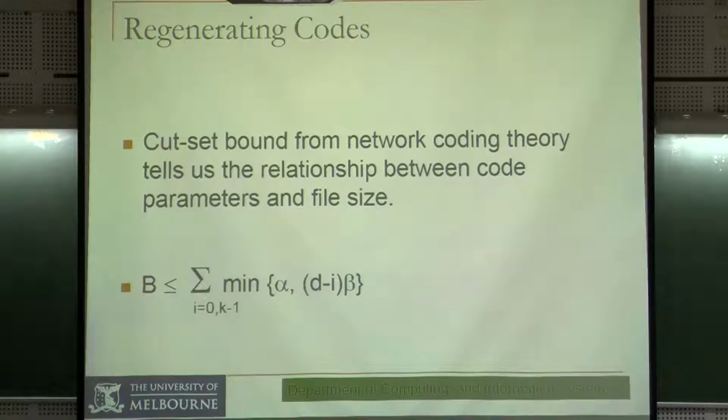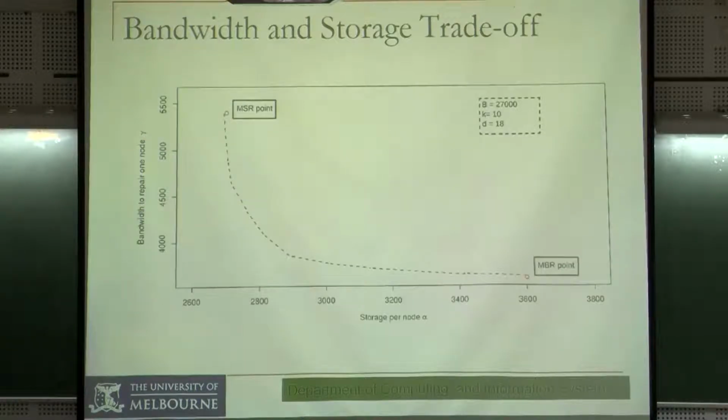That tells you the maximum size that you can store in such a node, and that comes out as a bandwidth and storage trade-off. For example, in this one, all these are optimal points available. If you want to minimize the bandwidth required to repair a node, you will have to store more information per node. This becomes an MBR point.